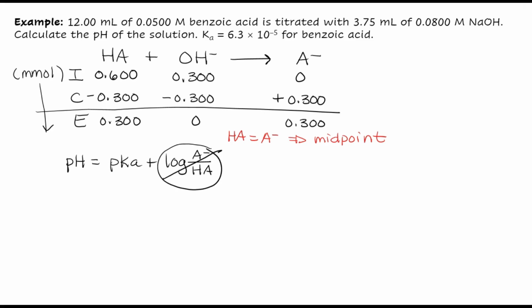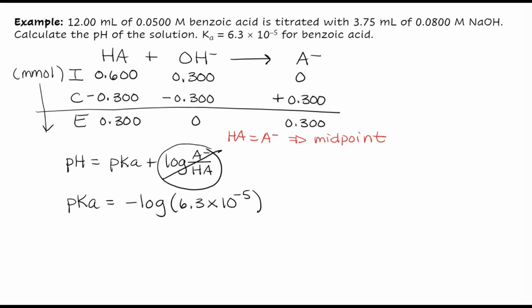In our problem, we were given Ka, so we do need to calculate pKa. pKa equals negative log of the Ka, so negative log of 6.3 times 10 to the negative 5.